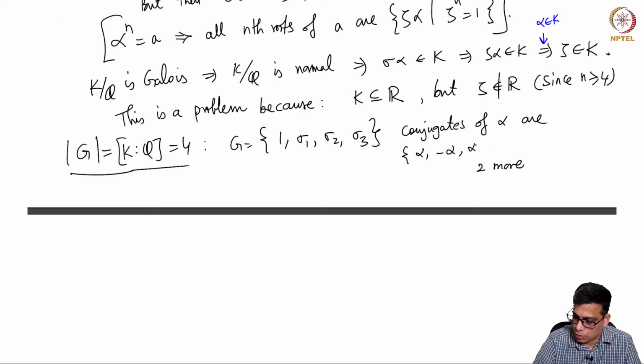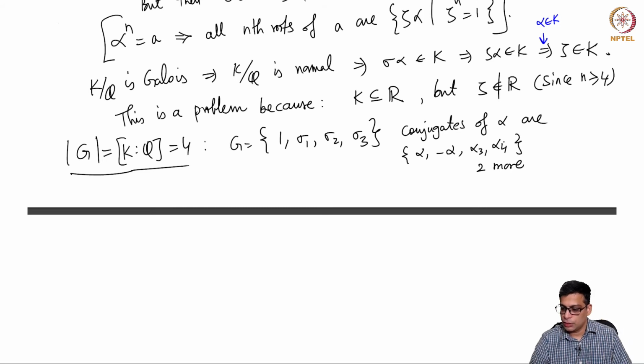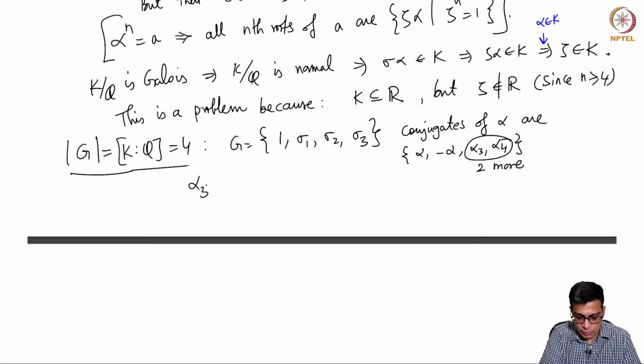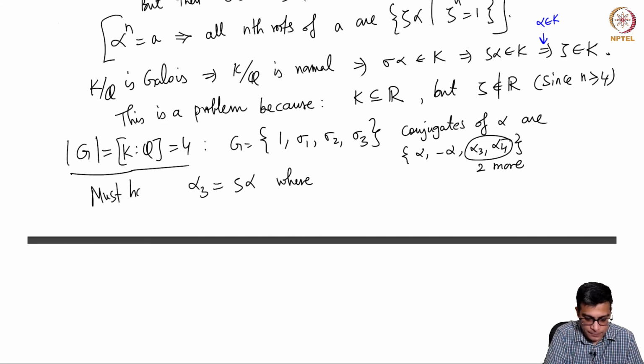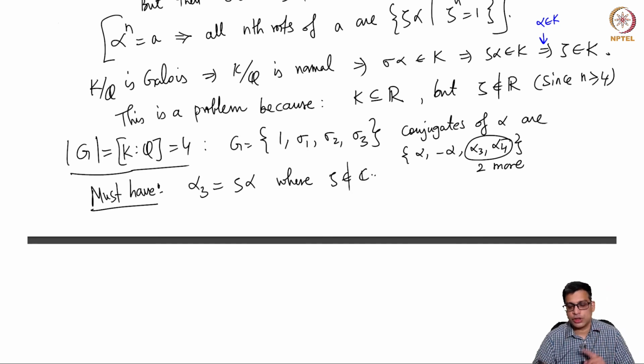So, maybe zeta, I mean whatever these are. So, alpha 3, alpha 4. So, these must be something like this, where we must have, because the only roots of unity that are in real numbers are 1 and minus 1. So, that is already taken care of here.